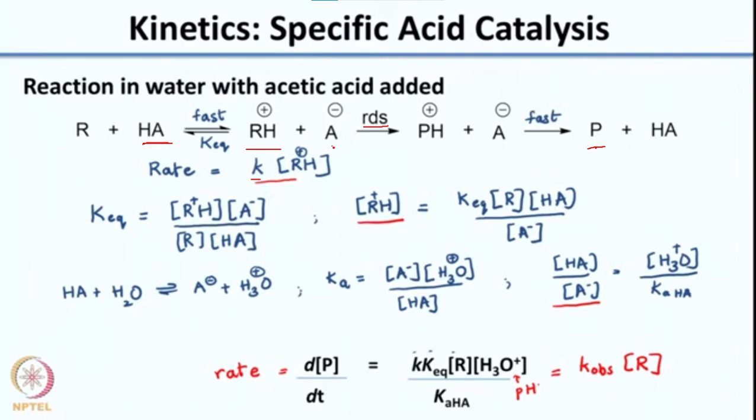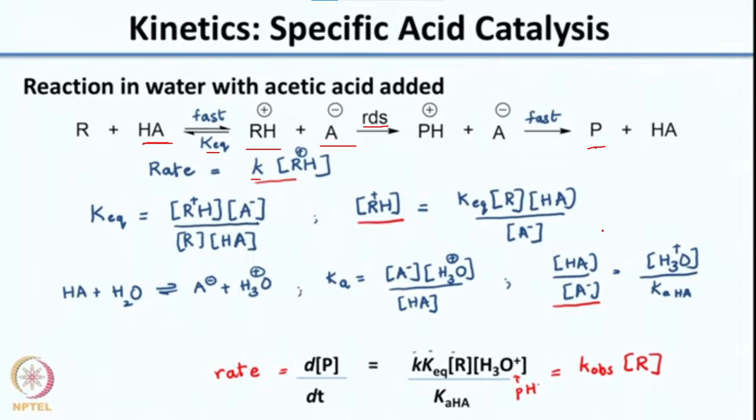Because we have said that this is our catalyst, right? We are writing only in terms of reactant. So now K equivalent will become what? This is our K equivalent. We have discussed earlier also, the equation will become RH plus A minus divided by RHA, product upon reactant, right? This is the K equilibrium equation.